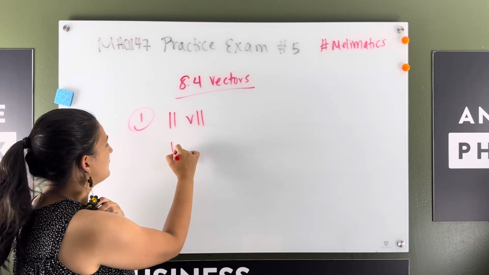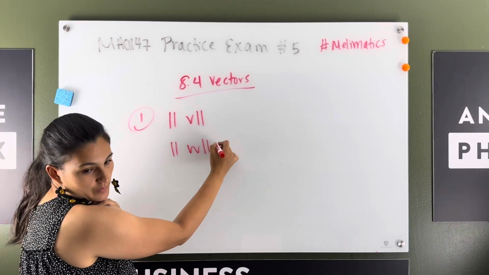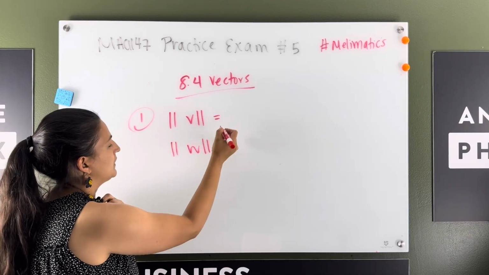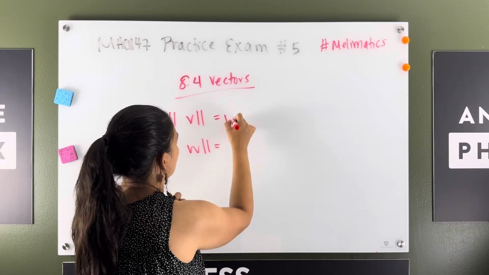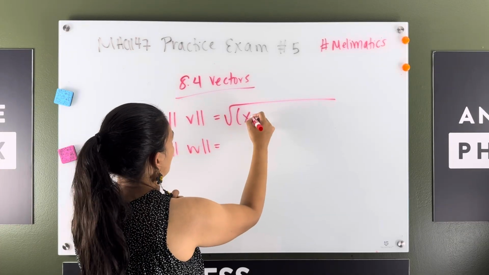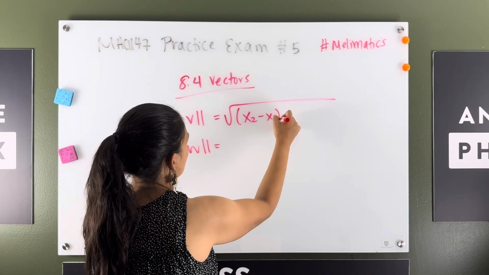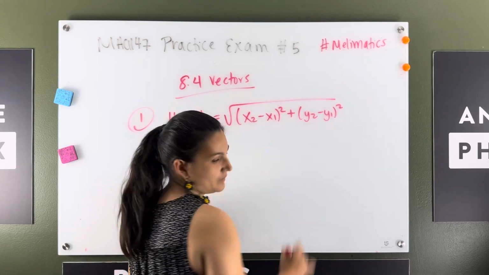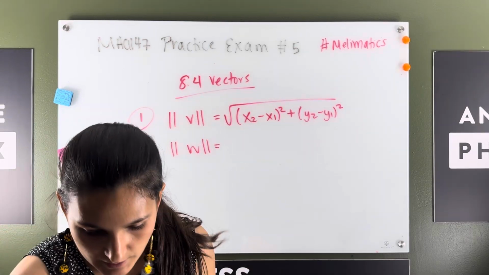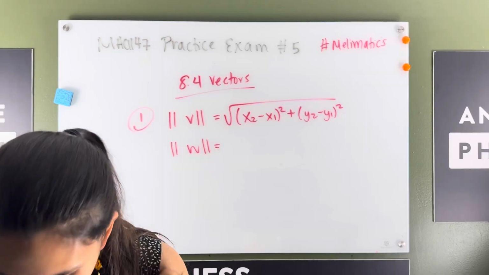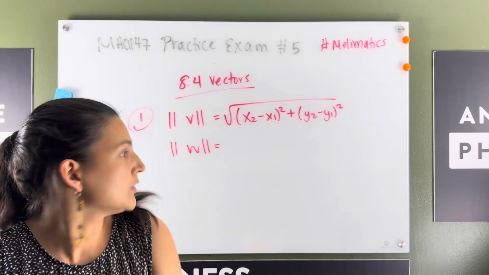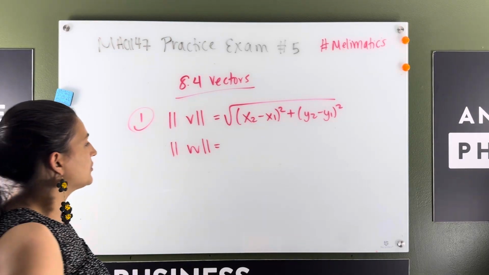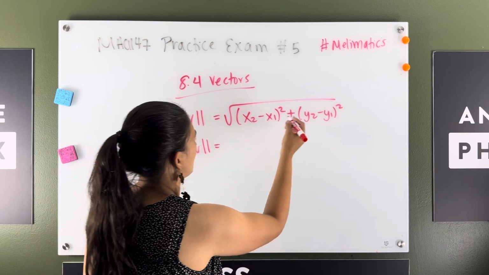So magnitude of v and magnitude of w, we're going to use the distance formula. So remember, the distance formula is the square root of x2 minus x1 squared plus y2 minus y1 squared. Okay, so because they give us 2 ordered pairs, you just simply plug in, right? So when you plug in, you can check yourself, right?